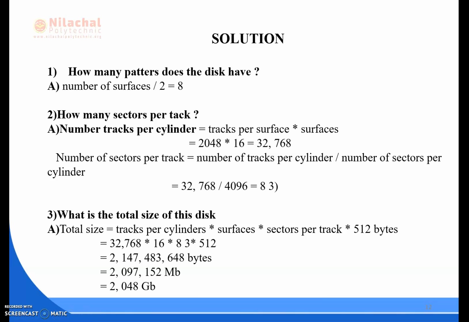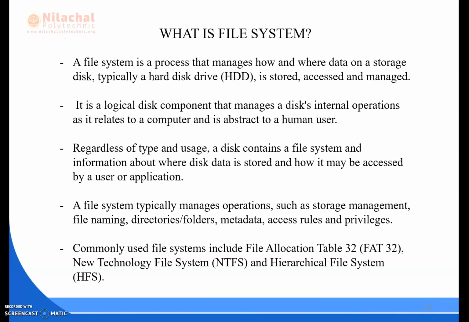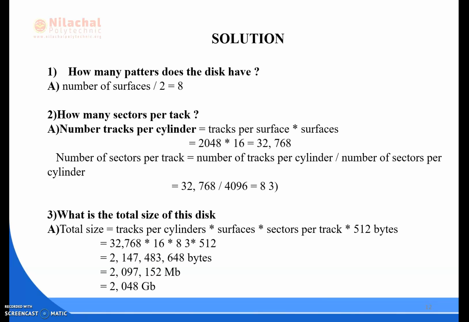As the number of surfaces is 16 and we know on both surfaces we can read and write data, two surfaces combine to make one platter, so 16 divided by 2 gives us 8 platters.